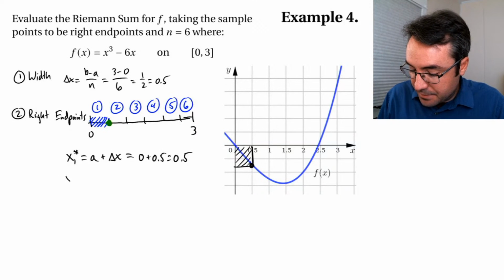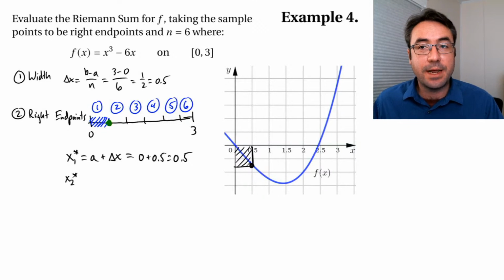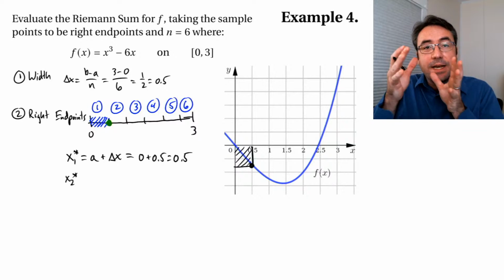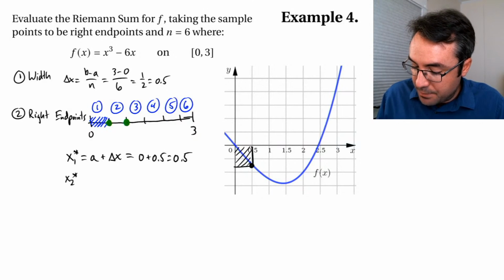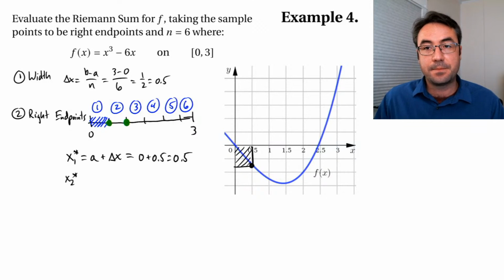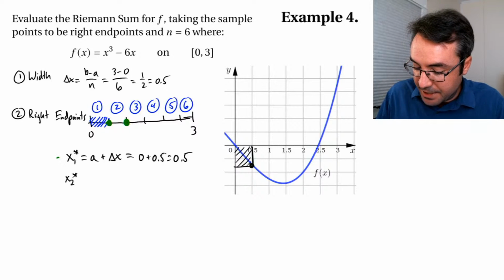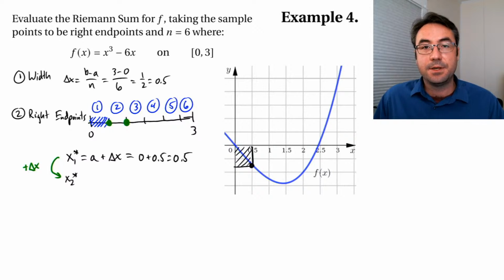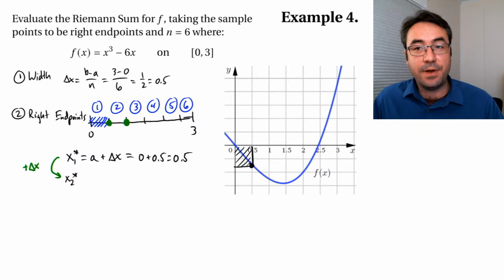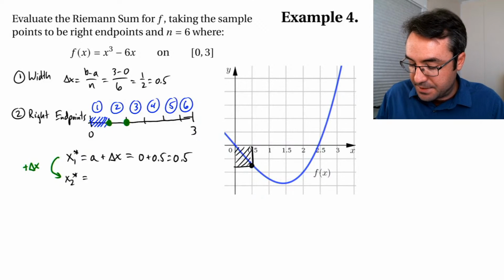All right, let's get our second rectangle. To do that, we're going to use our next right endpoint. So we go to our second subinterval, and we use the right endpoint there. The easy way to find our next endpoint is to just take our previous one and add in delta x. So our previous endpoint was 0.5. We're just going to add in another 0.5, that's delta x.